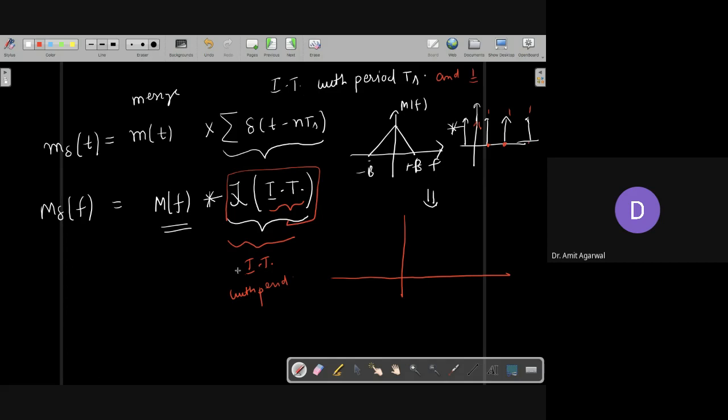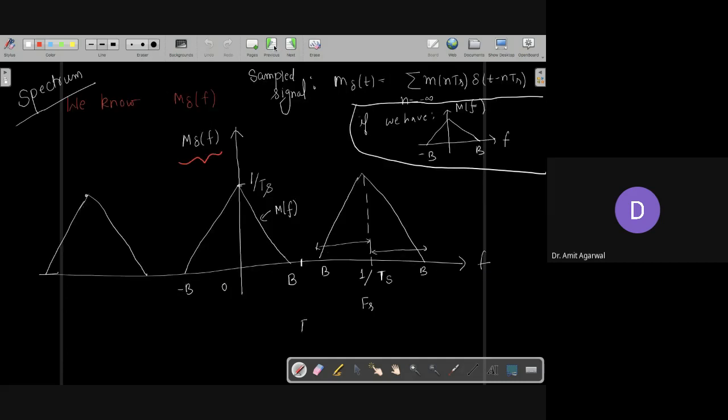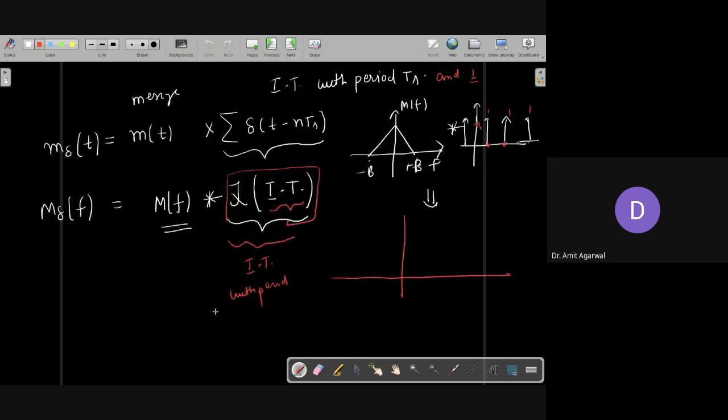तो इसको आप एक बार देखना कैसे निकालते हैं. I will just write the, I think I have made a slide now. Yeah. So the impulse train has strength 1 by Ts, and period is also 1 by Ts, which is Fs.